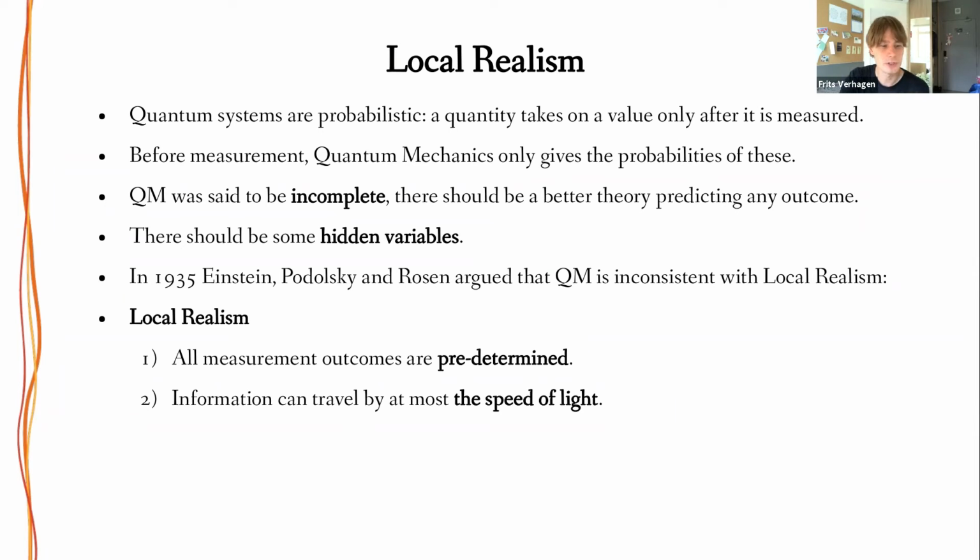So all measurement outcomes are predetermined. Which is like, in the beginning of the previous century, that was pretty obvious. It's obvious from classical mechanics that everything has a fixed position, a fixed speed, etc. So everything is predetermined. And of course, information can travel at most at the speed of light. Those things together constitute local realism. And it was pretty natural around this time to assume that nature would have to assume this.